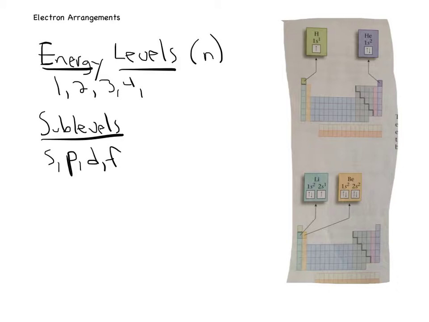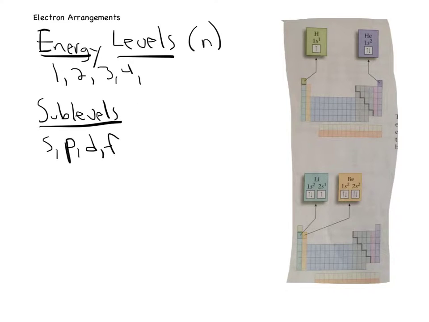However, there is no atom that uses the g sublevel yet, because the biggest atom only has 117 electrons, and 117 electrons can fit into the sublevels that we have now. So in the future, sure, there might be need for the g sublevel. And I will tell you that sublevels are abbreviated with the letter l. Okay, so for now, we'll just deal with energy levels and sublevels.